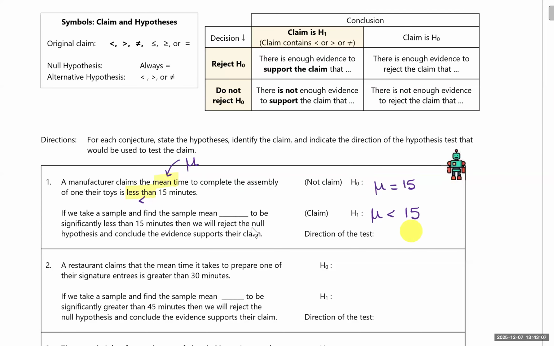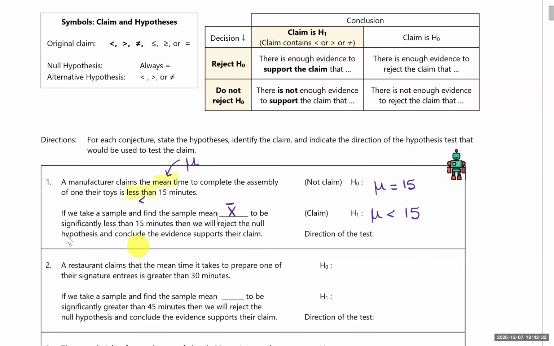The way hypothesis testing works is if somebody's making a claim, then it's up to them to conduct their research, collect some sample data, and try to convince us that their claim is supported by the data. So the manufacturer will go out and run a study, have a sample of people put the toy together, and find the sample mean, so that's X bar.